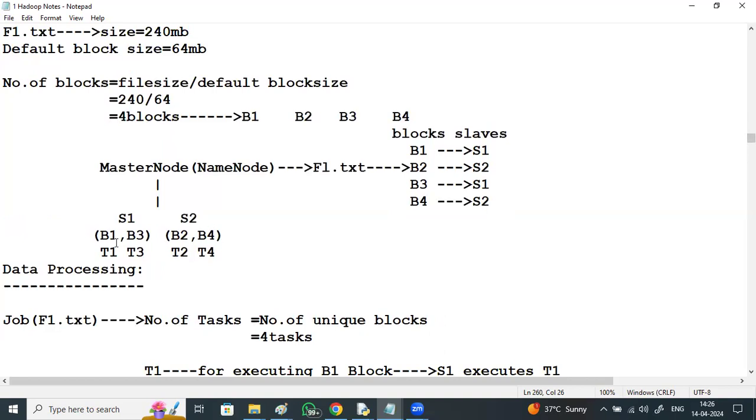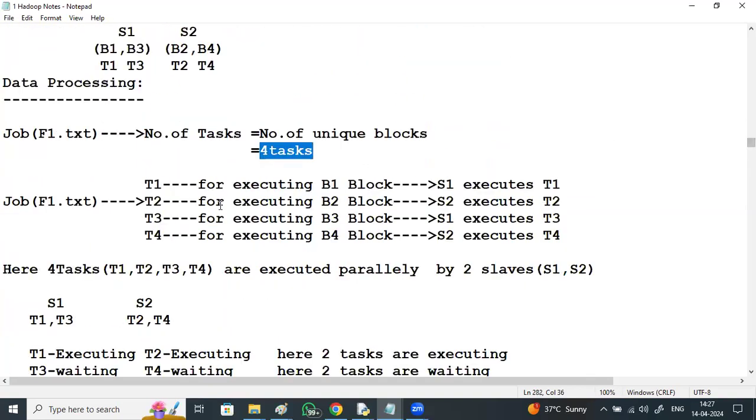S1 stores 2 blocks, S2 stores 2 blocks. Data processing: the job is divided into tasks. The number of tasks in Hadoop always depends on the number of unique blocks. So four blocks here, so four tasks here.